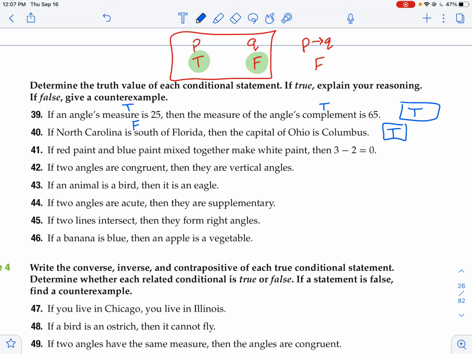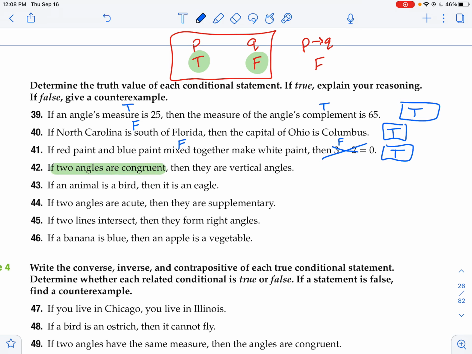If red paint and blue paint mixed together make white paint, so red and blue mixed together, those do not make white paint. So that's false. Then 3 minus 2 equals 0, also false, so false, false. As long as I don't have true, false, I'm okay. That would be true. Number 42, if two angles are congruent, can I have two congruent angles?